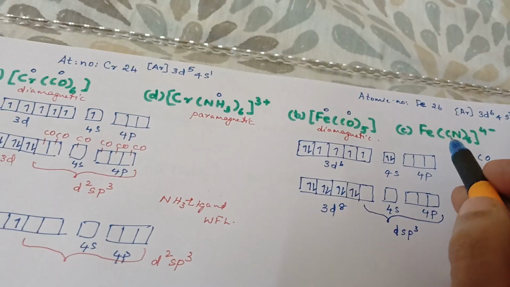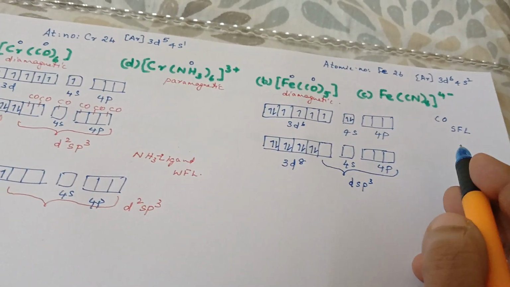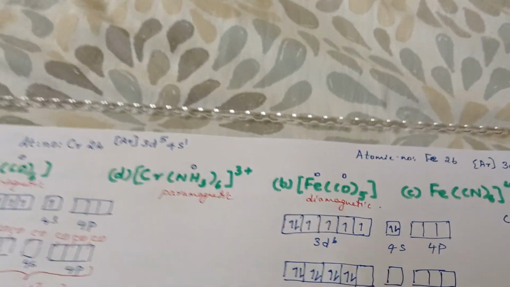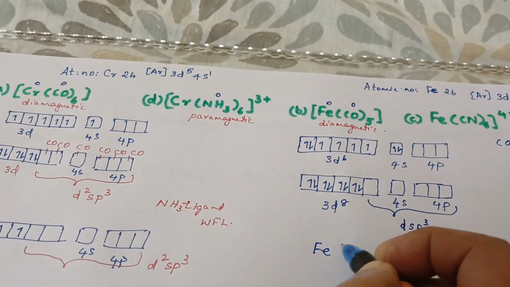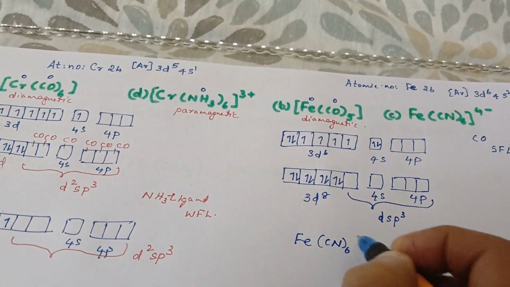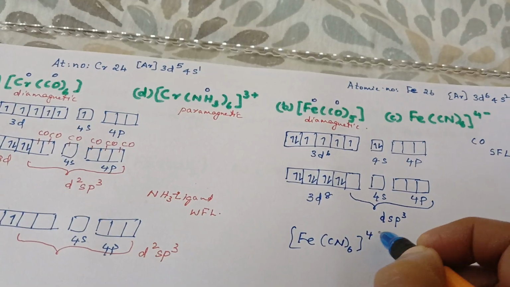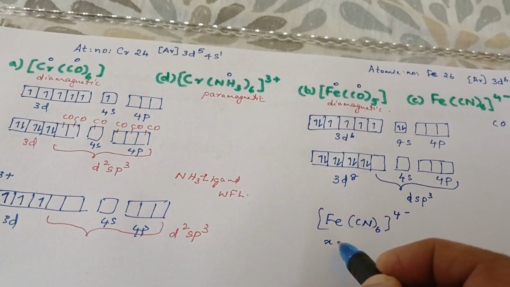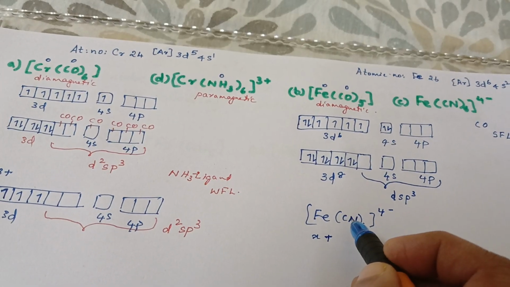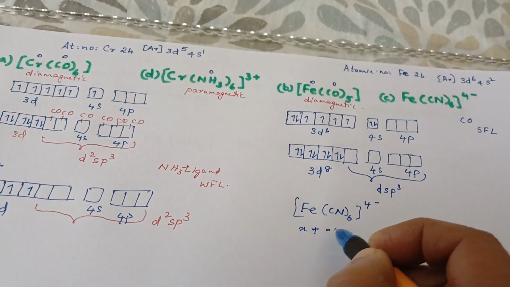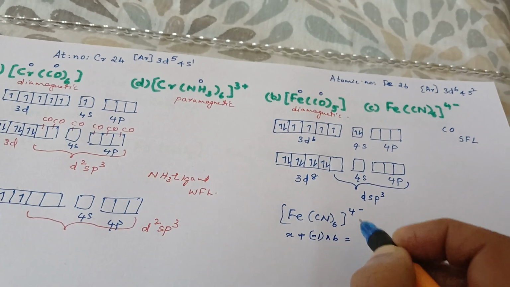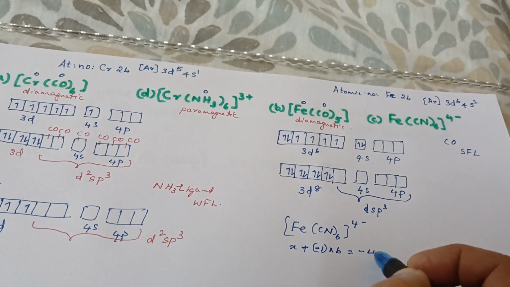Let us take the next one, [Fe(CN)6]4-. Let us calculate its oxidation number. Let x be the oxidation state of Fe here, plus 6 cyanide ligands, each one having -1 oxidation state, times 6, equals overall charge of -4.